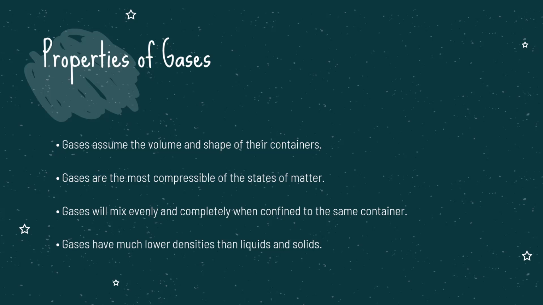Gases are the most compressible of the states of matter. As I said, every single one of your molecules is going to be really far apart. They're going to be very loosely connected. So that's why it's extremely easy to compress them.